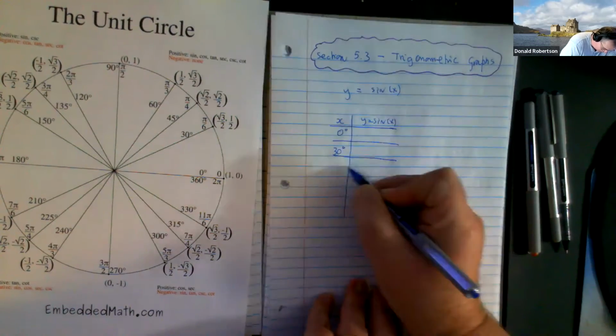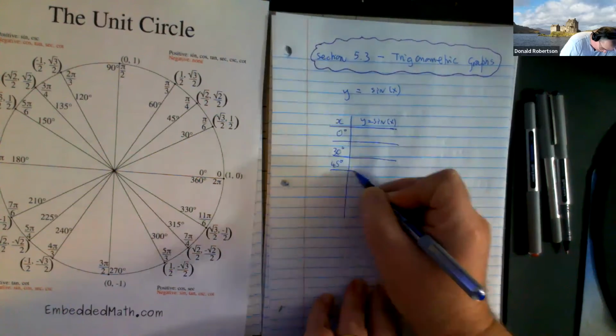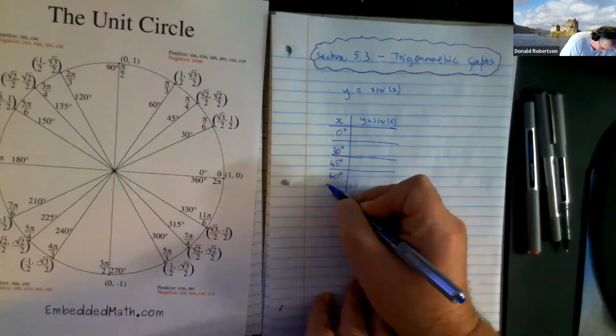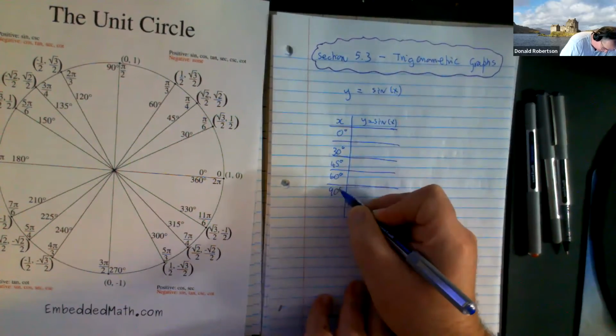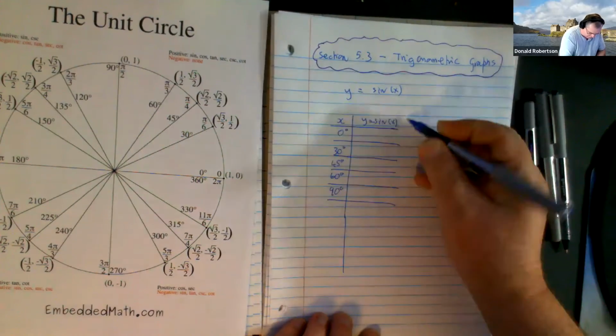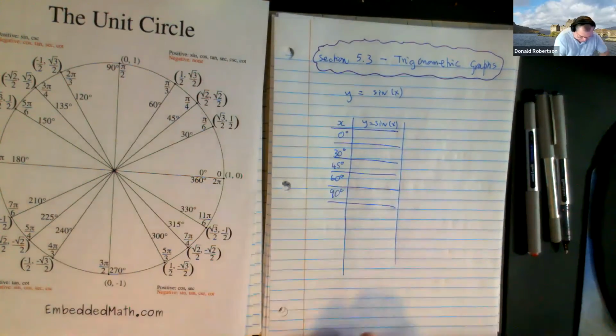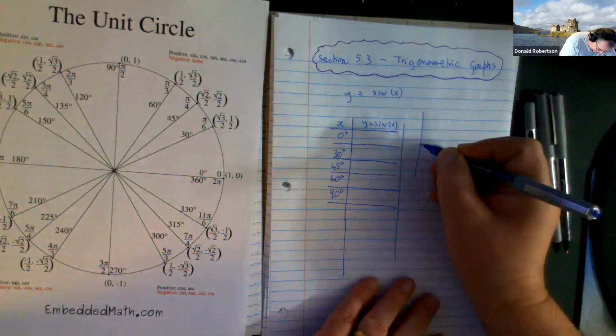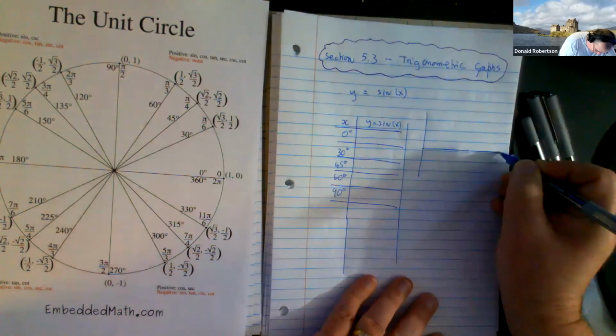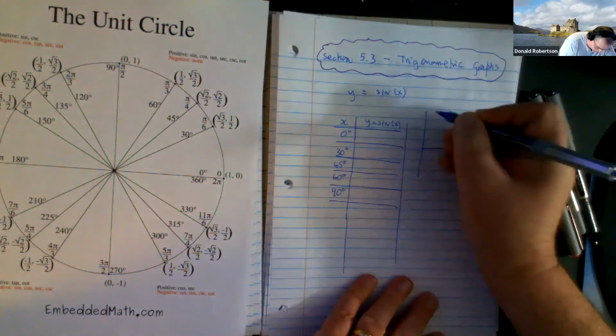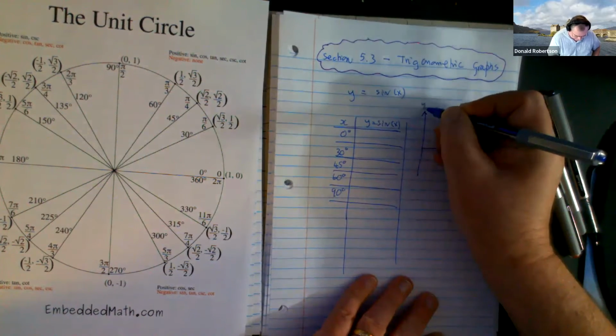So 0, 30, 45 degrees, 60 degrees, 90 degrees, and so on, right? Can you imagine I got a whole load of points, and then I could plot the x value against what sine of x looks like.